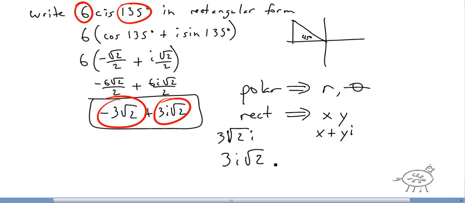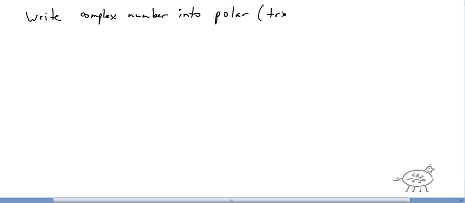Okay, so let's go the other way around here, and let us write the complex number into polar, and again that's trig form.